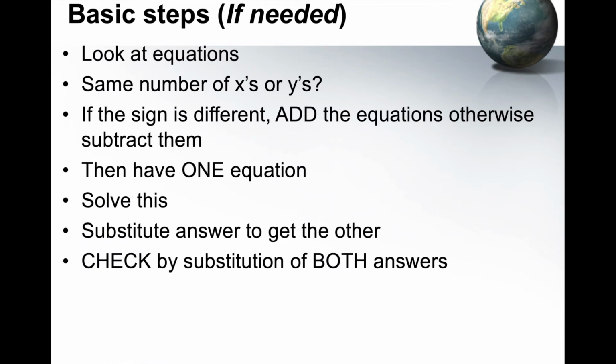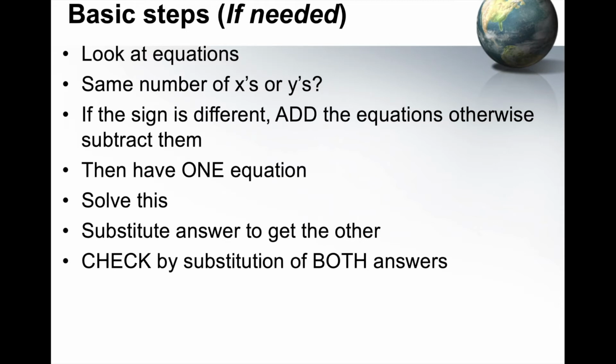So here is a simple step that I can summarize. If you need it, if you don't need it, just ignore this. If you do elimination, of course, you look at the equations and see which one has the same number, either x or y.